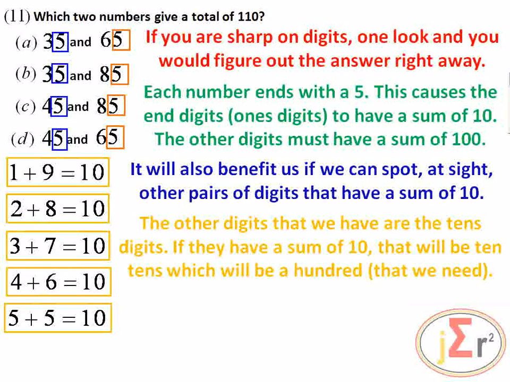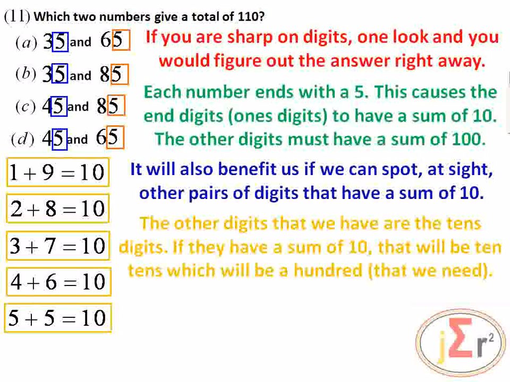The other digits that we have are the tens digits. If they have a sum of 10, that will be 10 tens, which will be 100. And that is what we need. Do you understand that, Jerry? Yes. Okay. So let us repeat that.